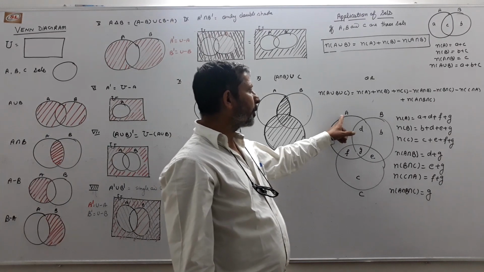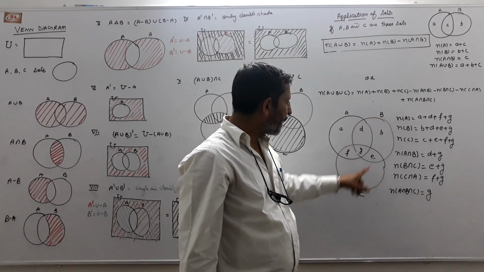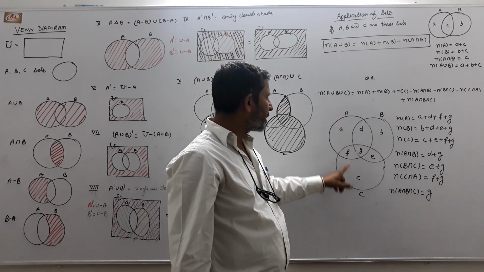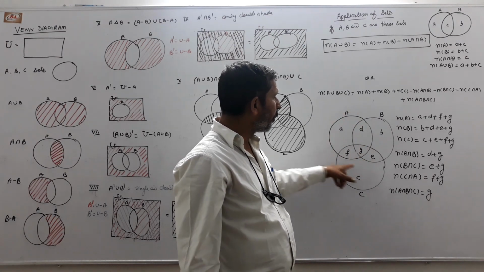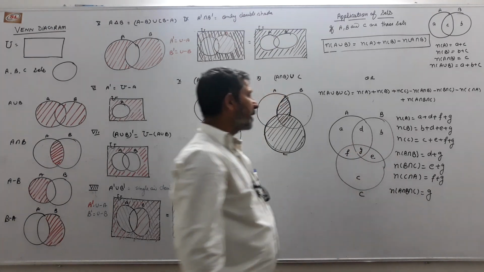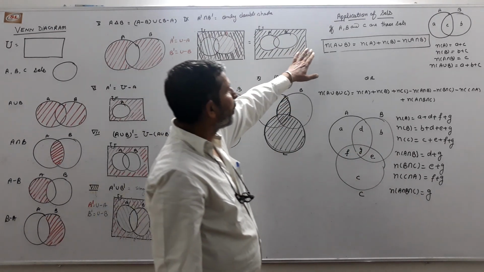Next part, what is the common between A and B? D plus G. Common between B and C? E plus G. Common between A and C? F plus G. And G is the part which is common for all the three sets, set A, set B, and set C. This part represents the common part. These are two properties.